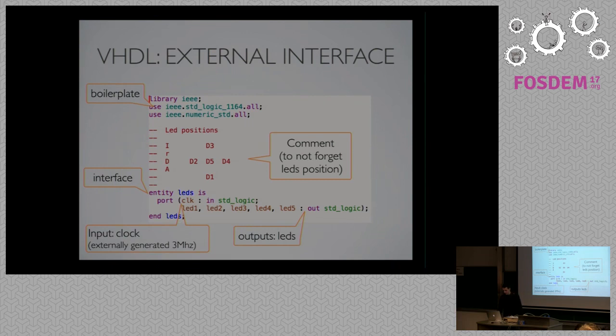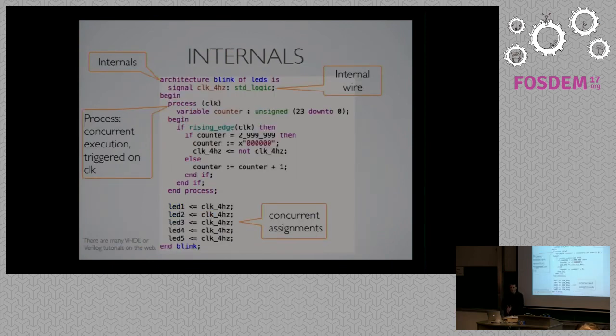In VHDL, you have the architecture, which describes the internals of the circuit. I have an intermediate wire, which is the internal clock, because the external clock is 3 MHz, and if I try to blink the LED at 3 MHz, you will see nothing. So I use a divider to divide to 4 Hz, which is visible.